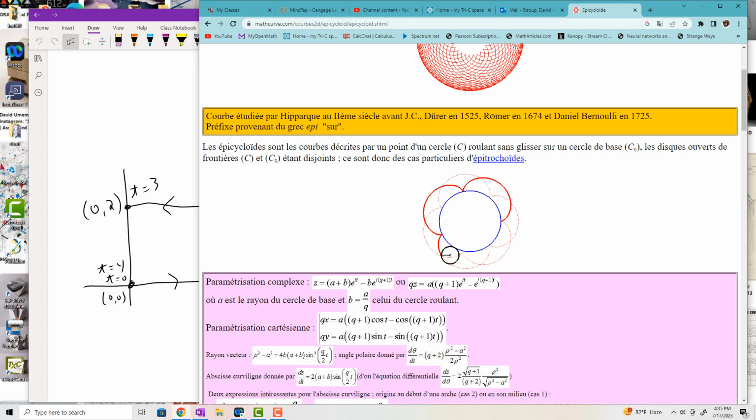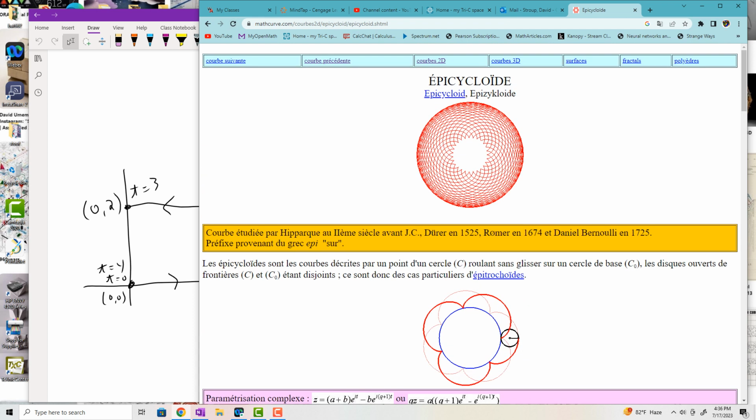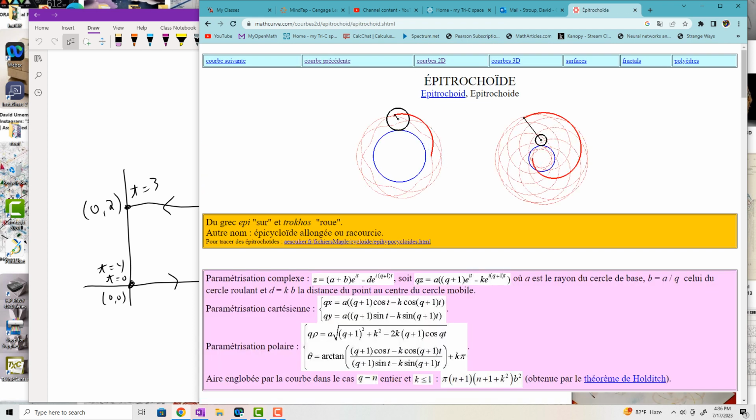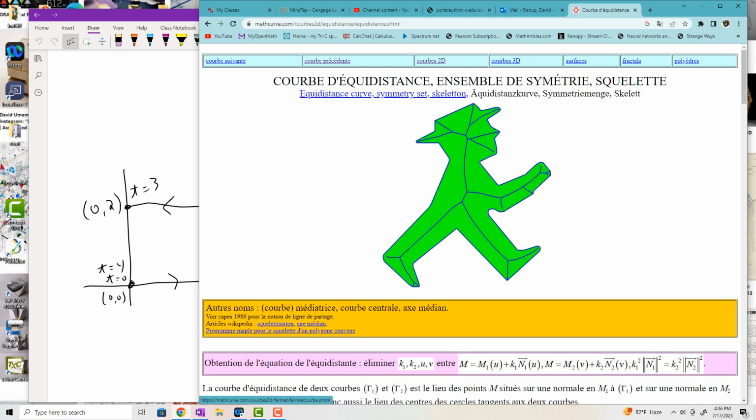Anyways, they got really good at predicting the locations of the planets using these cycloids, epicycloids, and things like that. They were very accurate. It's just that everything became extremely simplified once they realized, hey, the Earth is not the center of the solar system, and moved on. Then all the formulas just became super easy to deal with.